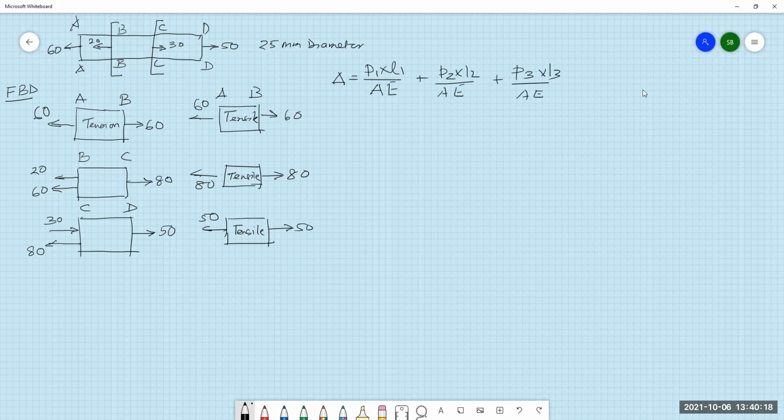A is given by 25 millimeter diameter, so A can be easily calculated, and E is given as 190 GPa.